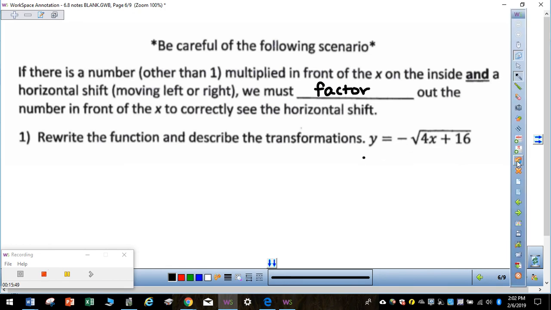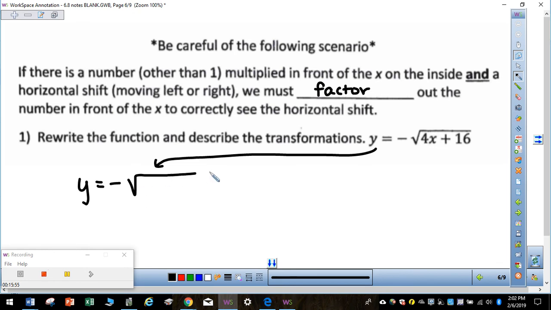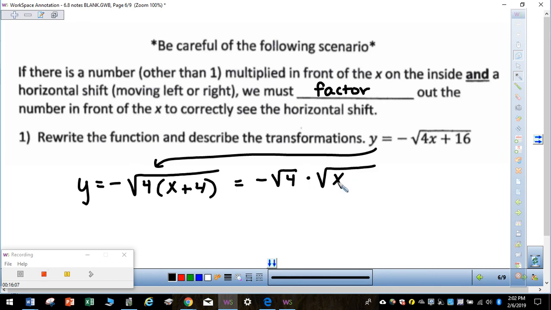Here's what the steps would look like if we factor out the number in front of the x. So we're just going to factor out a 4 from the inside, and that's going to allow us to write this as the square root of 4 times the square root of x plus 4. And this is just like what we do with numbers all the time.